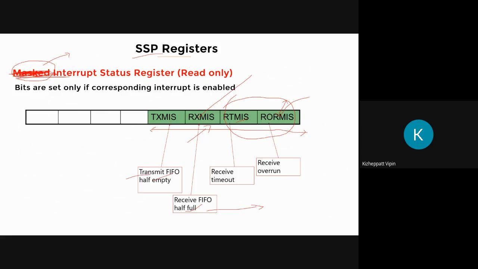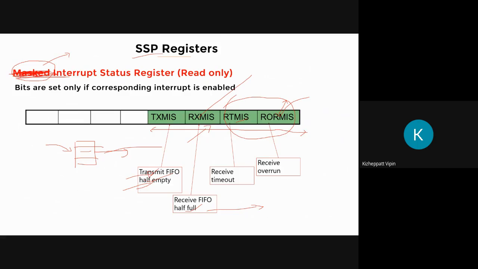Here, transmit FIFO half empty. What will you do? This is transmit. You can only write to that FIFO. Whatever you write will get transmitted. So it is saying that it is still half empty.